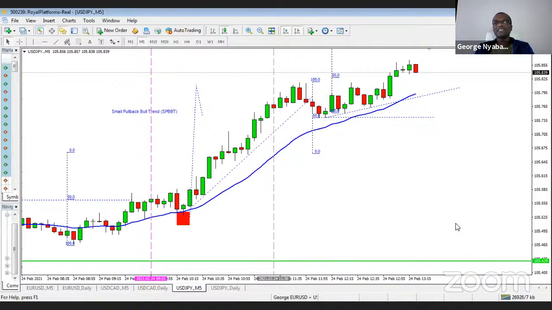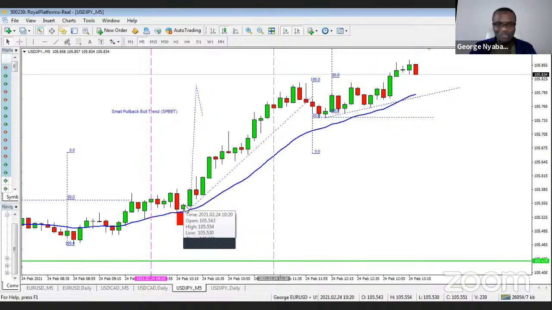But it's a 40% chance of success. The reason I'm pointing that out now is that if you decide to say, hey, I've seen what a small pullback bull trend could do, or what a trade at the high of a moving average, or a trading range can do, I'm going to start taking those trades.